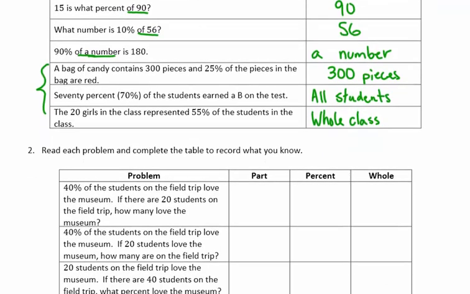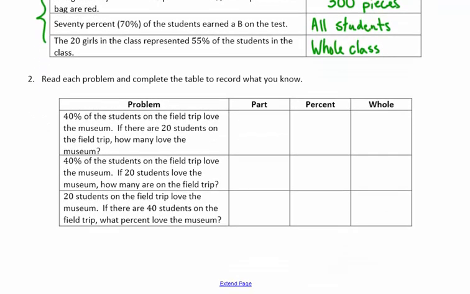Read each problem, complete the table to record what you know. The percent, that's 40%. That tells me right there in the problem. 40% of the students on the field trip love the museum. If there are 20 students on the field trip, so that's the whole, there's 20 students, how many love the museum? The part is what's missing, so we'll call that X. 40% of the students on the field trip love the museum, so 40%.